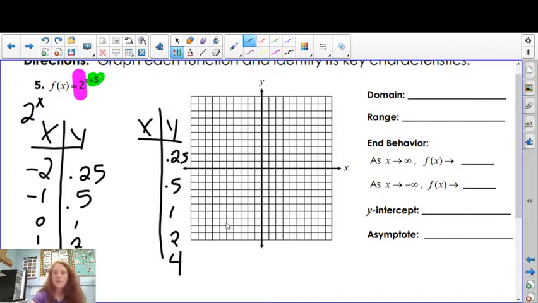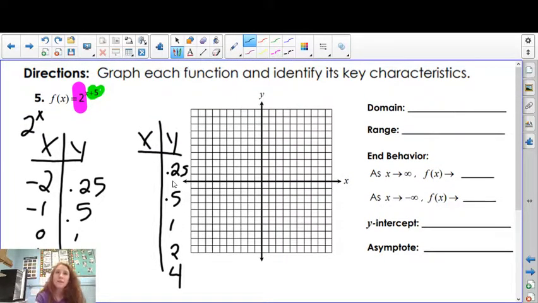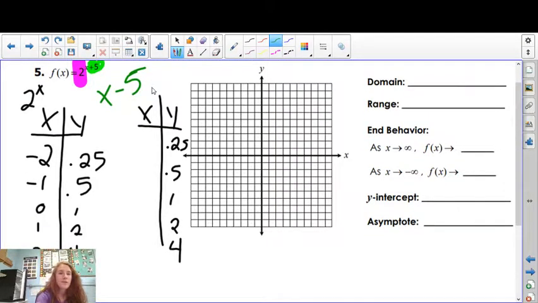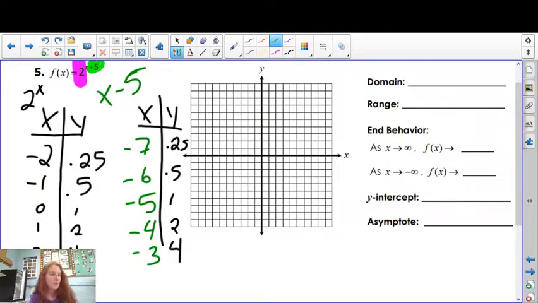I have to do the opposite of what I see. Currently I see +5, so I'm actually going to take the x values and say -5. And that's how they're going to change. So -2 minus 5 is -7, -6, -5, -4, and -3. And those are going to be the coordinate points that I graph.